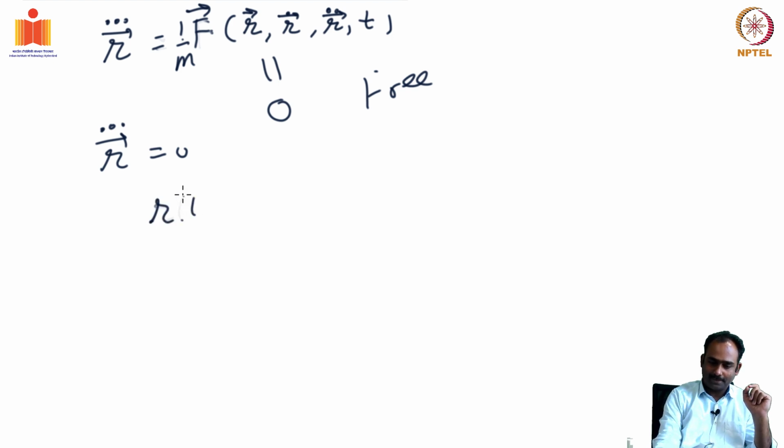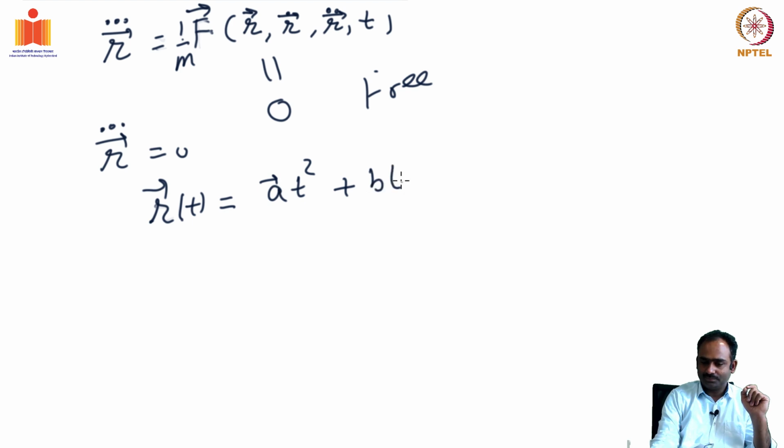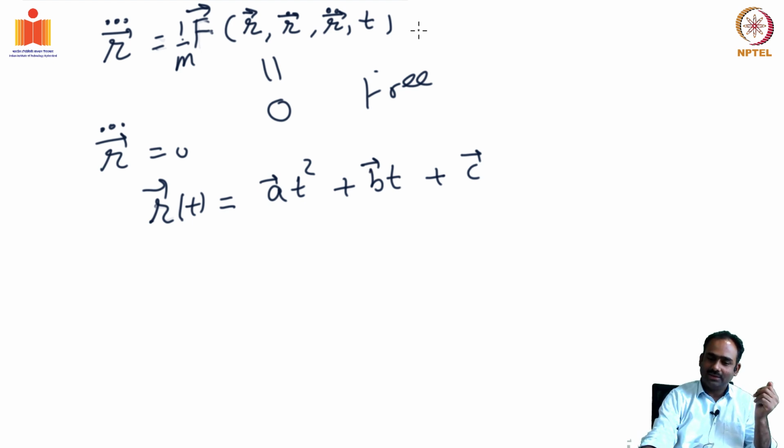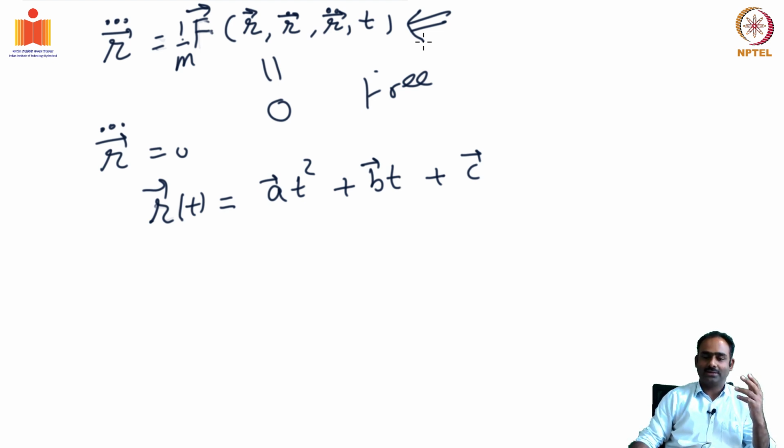this will involve three constants of integration, vector A, vector B, and vector C. Remember this equation, for example, here it's not one equation, it's three equations. There is one equation for each Cartesian component.